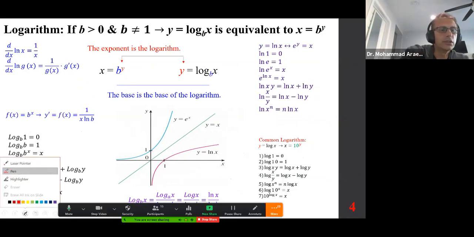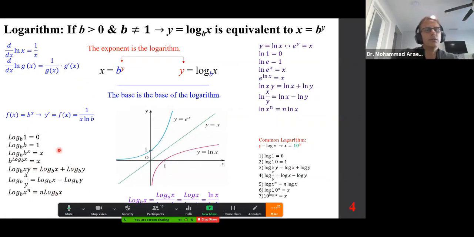Many properties were discussed in general. This is for common log, this is for natural log, and these are the equations that give rise to differentiation formulas for natural log. Okay, and of course, if the base is different, this is what we use.